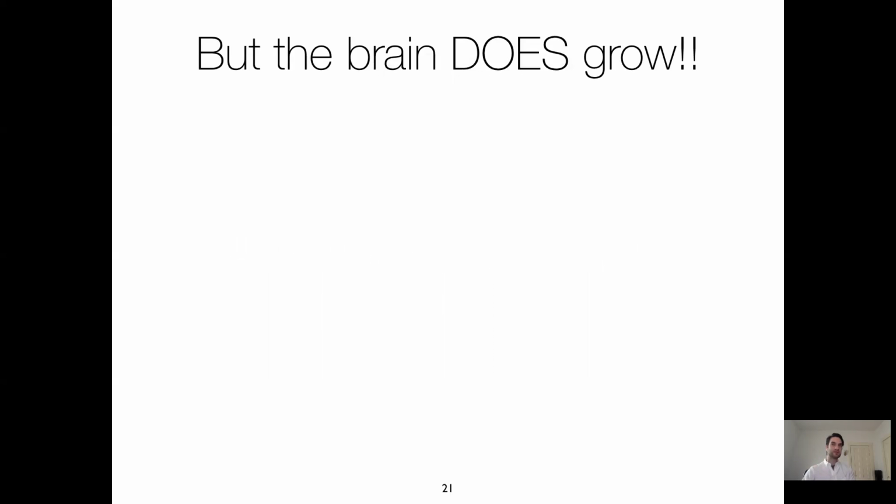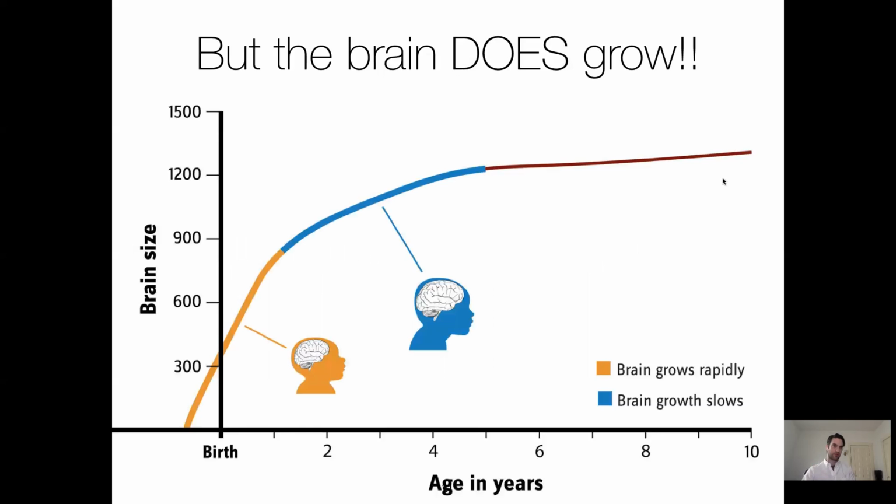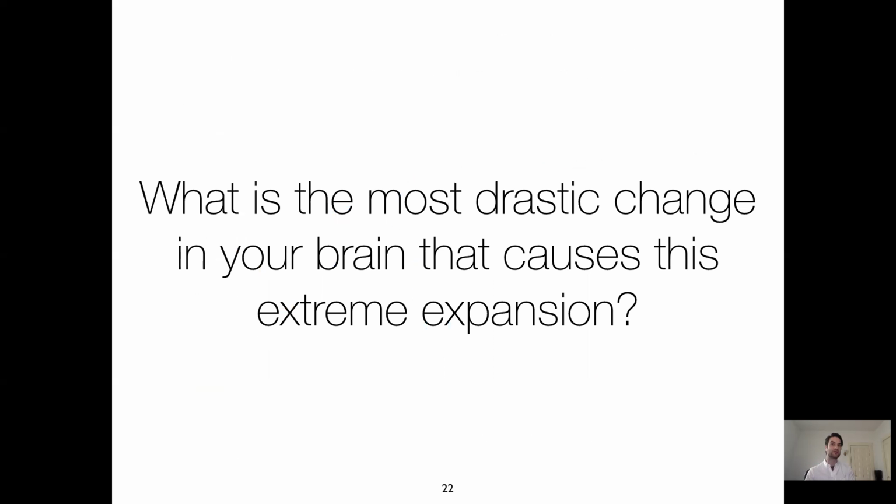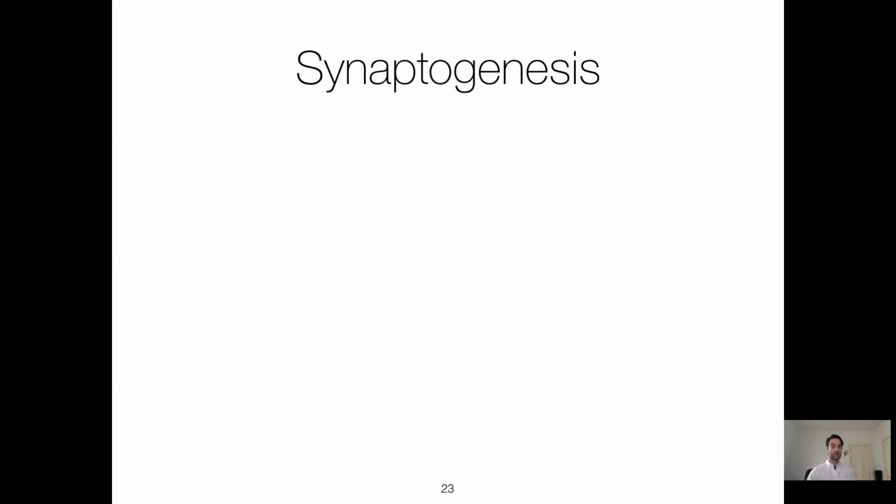But the brain does continue to grow after birth, okay? You do see that there is still this increase in brain volume here. So what's going on? This leads to a natural question. What is the most drastic change in your brain that causes this extreme expansion if it's not the formation of new neurons? Turns out that it's not the formation of new neurons in general. It's a process called synaptogenesis, not neurogenesis.